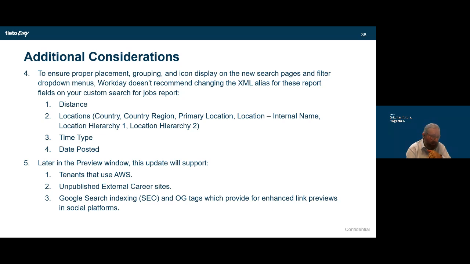And not working now, but Workday do say that by go live, i.e. sometime in the preview window, this will also be available for tenants using Amazon Web Services rather than the more traditional Workday data centers. And they'll also be available for unpublished external career sites.